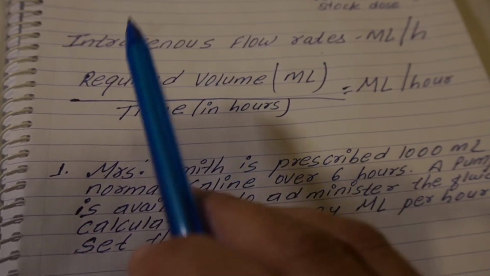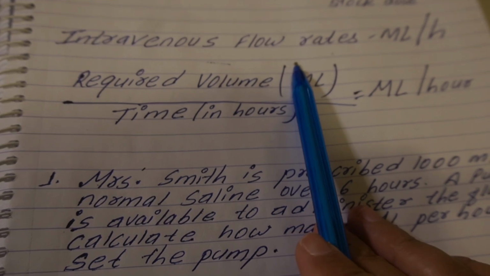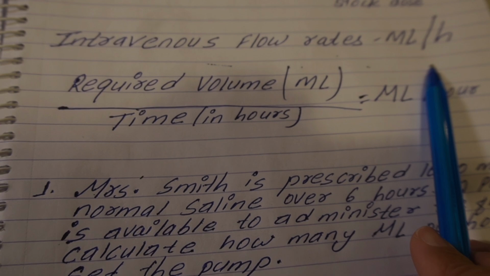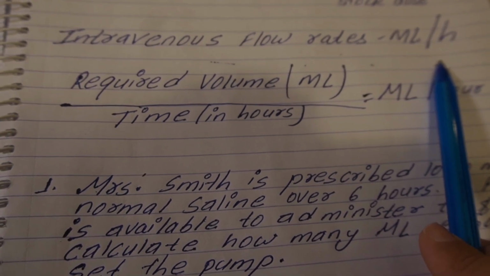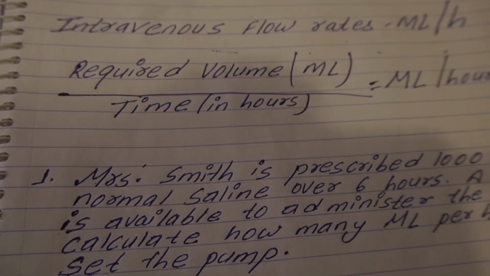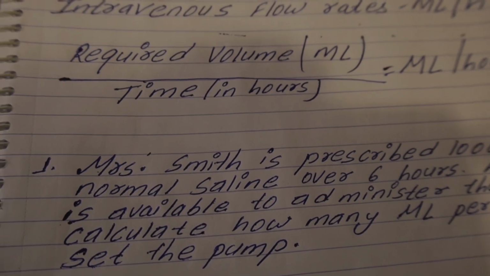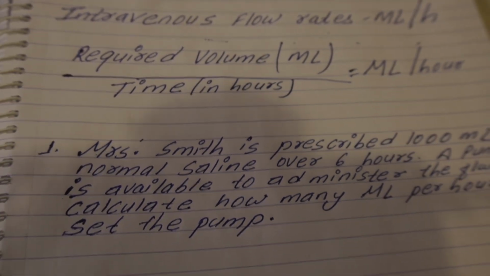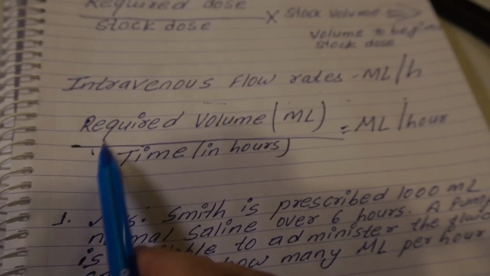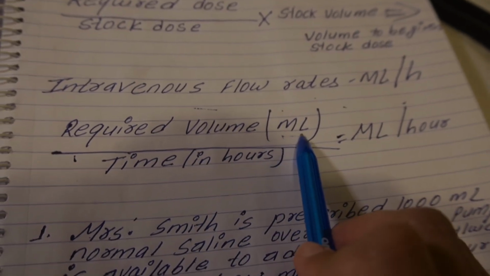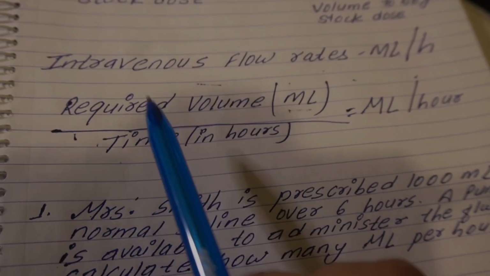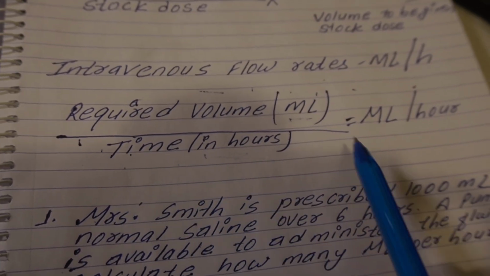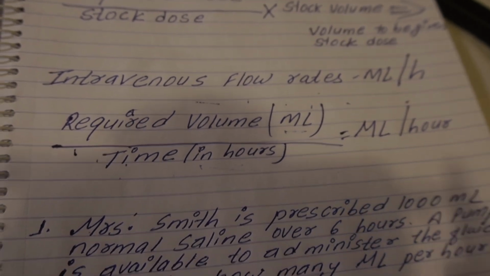Now we are talking about intravenous flow rate, which is ml per hour. This is used when we administer intravenous fluid by volumetric pump. You must first calculate the rate at which the fluid is to be given in ml per hour. So the formula is required volume, which should be in ml, over the time in hours.